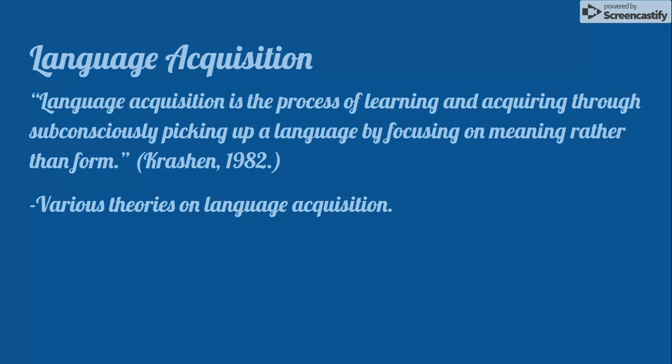Along with language acquisition and these 5 stages, there are many theorists that have different perspectives on how language is acquired in general. For example, we have some theorists who believe that language is similar to behaviorism. It needs to be practiced and repeated in order for us to acquire it.